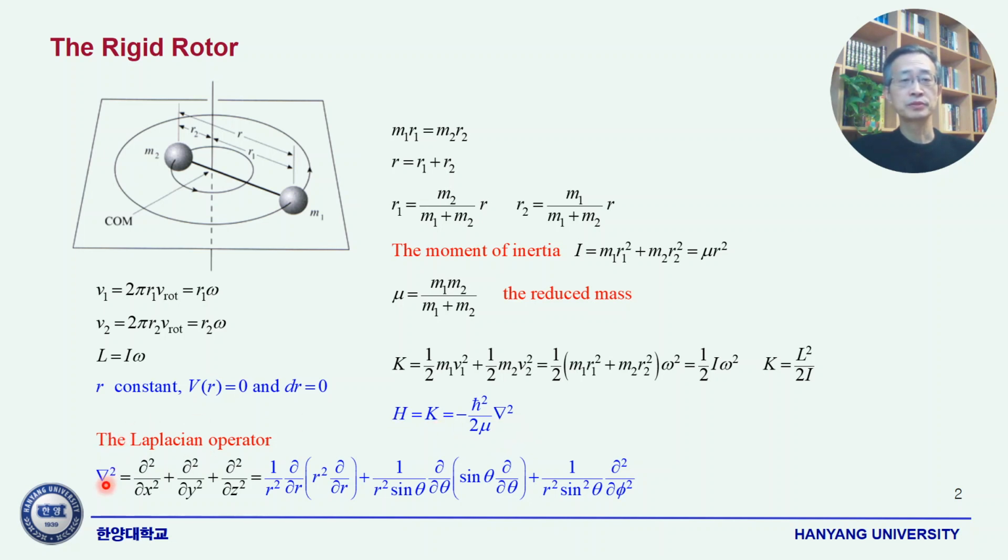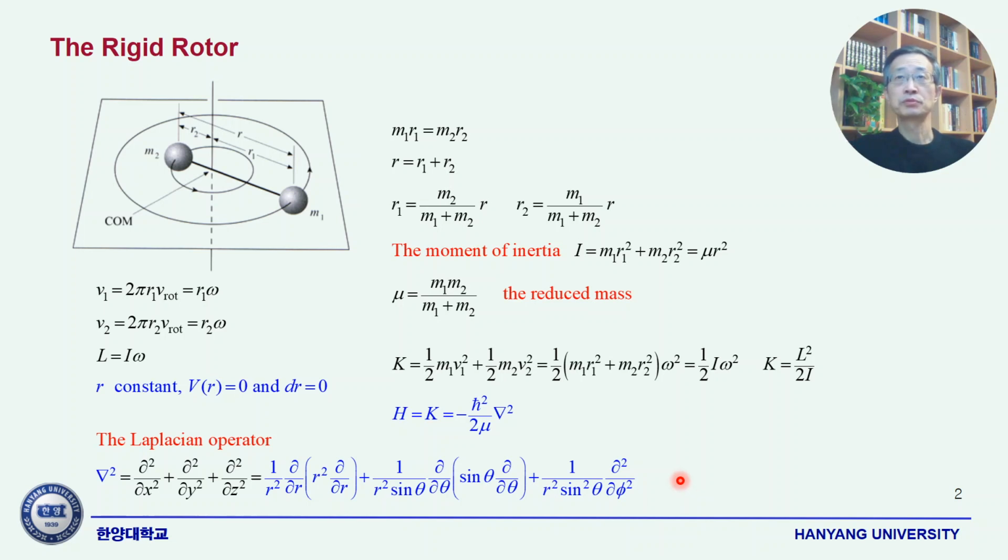So in 3 dimensions, we use the Laplacian operator in the kinetic energy operator, which is partial squared over partial x squared plus partial squared over partial y squared plus partial squared over partial z squared. But here we are dealing with r, theta, phi, the so-called polar coordinates. So we have the Laplacian operator in polar coordinates in this way.